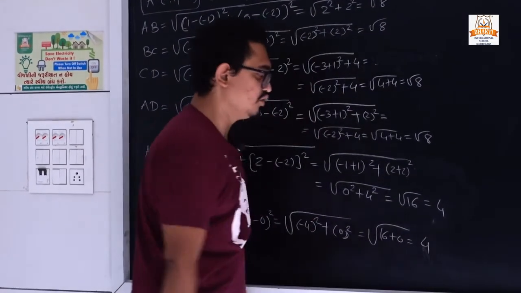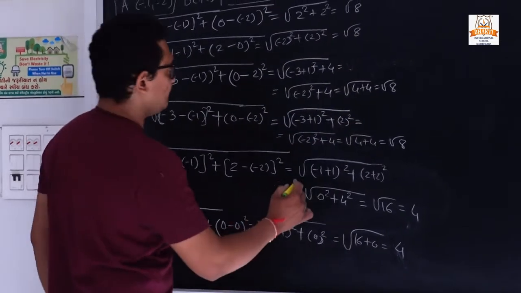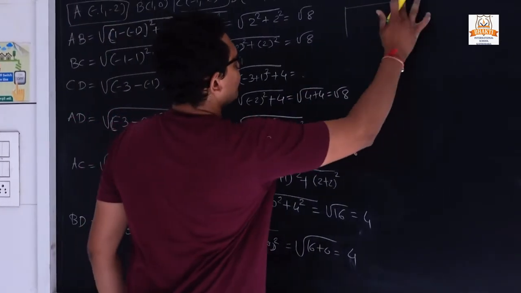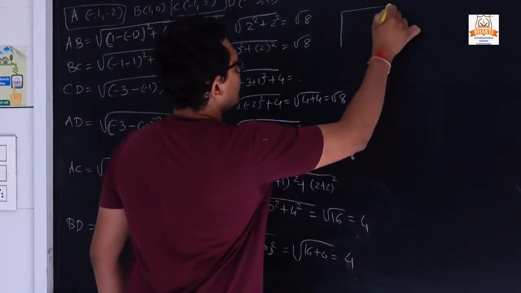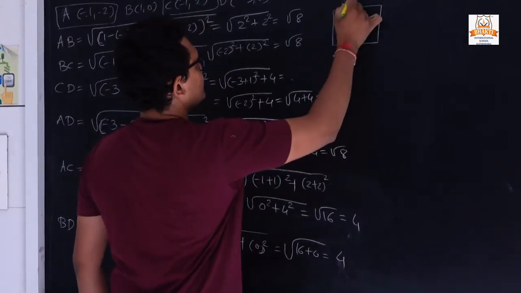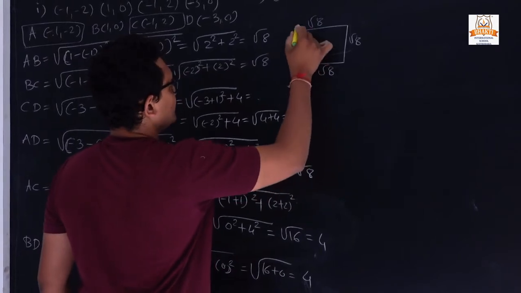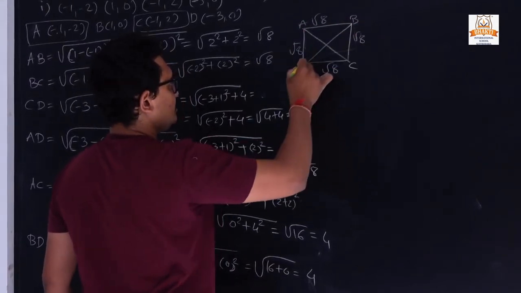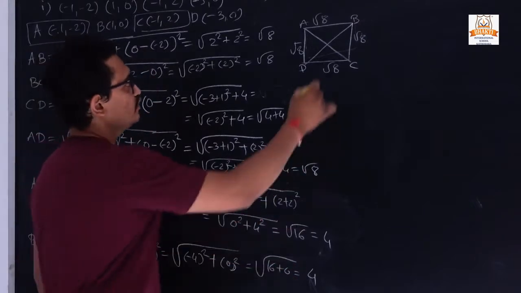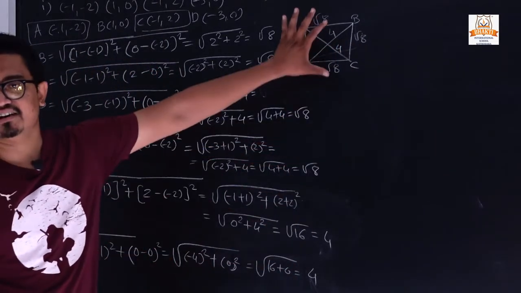Now see that we can draw one rough figure. All sides are the same, root 8, root 8, root 8 and root 8. Here we name it A, B, C and D, and both diagonal measurements are also the same, 4 and 4. It means it is a square.